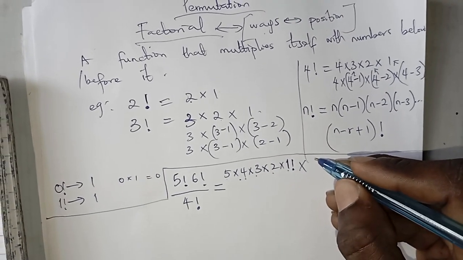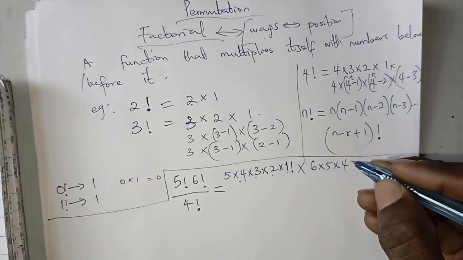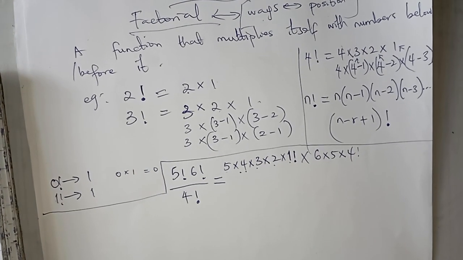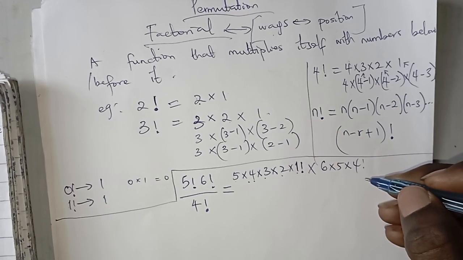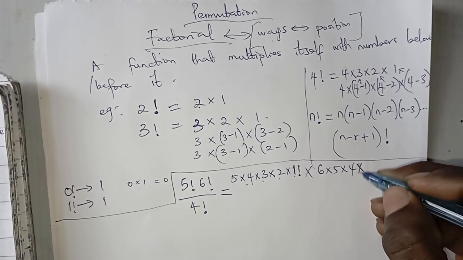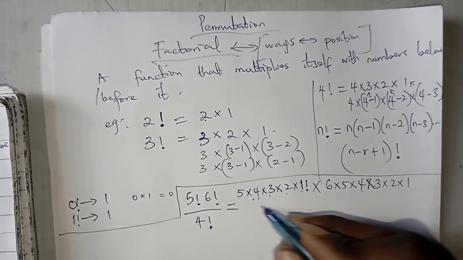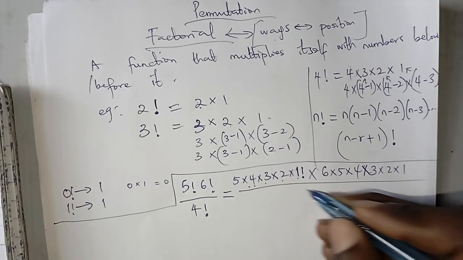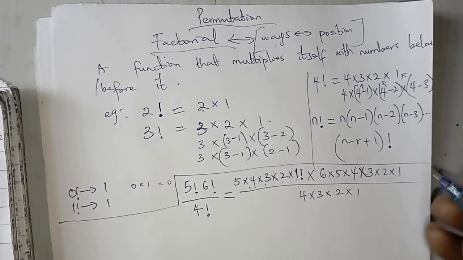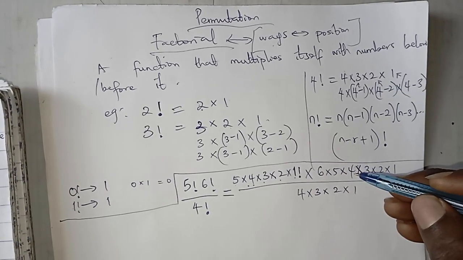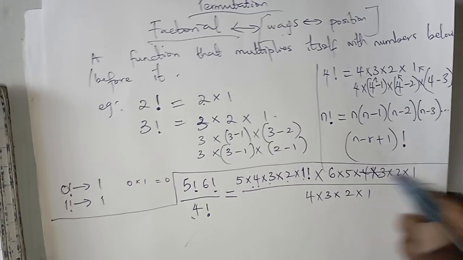If I break this 6 down to 6 times 5 times 4 and I want to stop here, I'll put factorial here. So the only thing having the factorial now is the 4. But I still want to go down: times 3 times 2 times 1 all over 4 times 3 times 2 times 1. Assuming I left that factorial up here, it will meet the factorial there and both will cancel. But see that it's the same thing now.